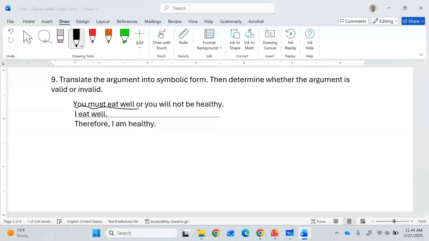You must eat well, so maybe W for well, or you will not be healthy. So here, a good idea is to think about what does each one represent. So you could start by saying you must eat well. So that's W, you must eat well, or you eat well.